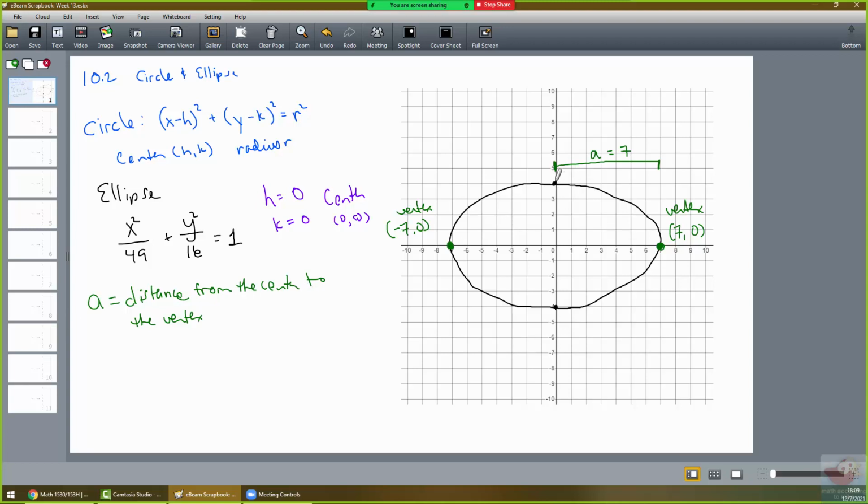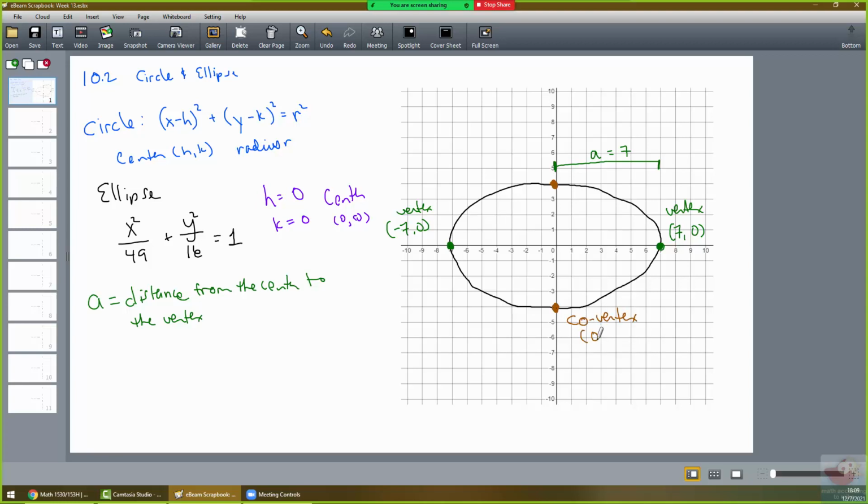These other 2 points, namely the one going up and the one going down, technically do not have a name in mathematics. Just so there's no confusion, I don't want to just say those other 2 points. I'm going to refer to these as the covertex.